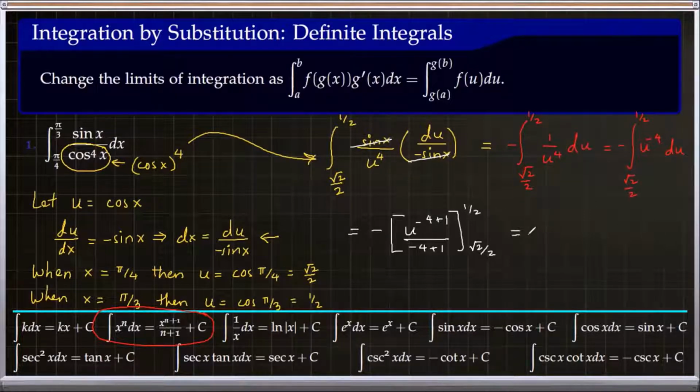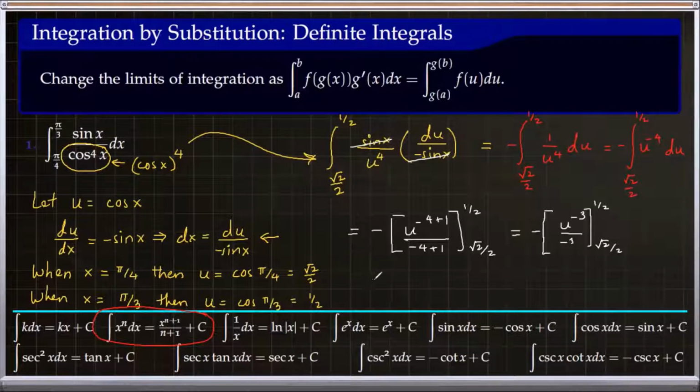Let's simplify this expression a little bit further before plugging in the values. So we have u to the negative 3 over negative 3, evaluated from square root 2 over 2 to 1/2.